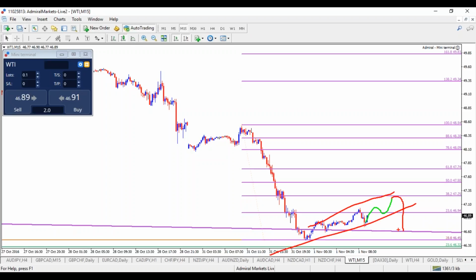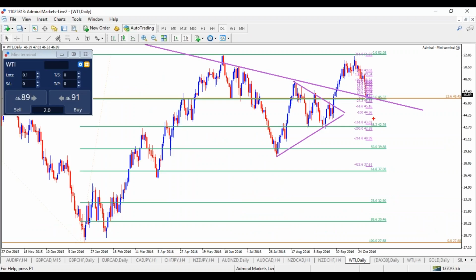And then a turn at the 38.2 fib seems, from lower time frames, the most logical at this point. And then price could fall to 45, 48, 80. And then we'll have to see, is there finally a bit of a bounce there? Because this is still a support zone.